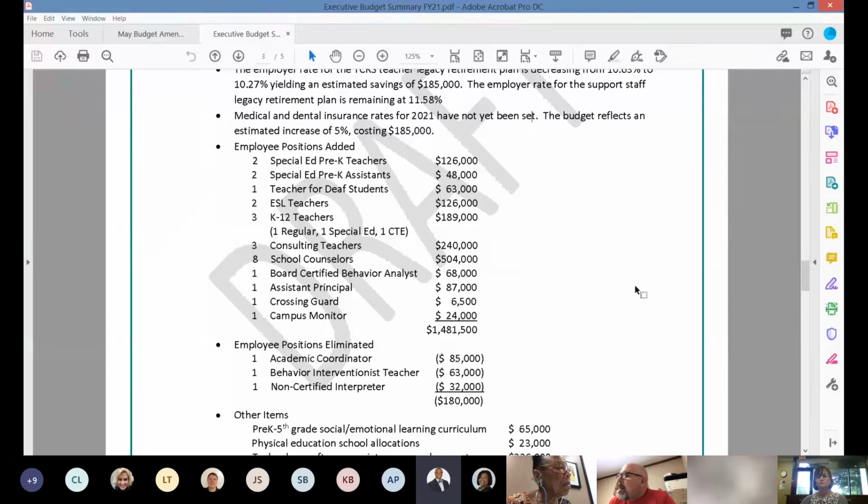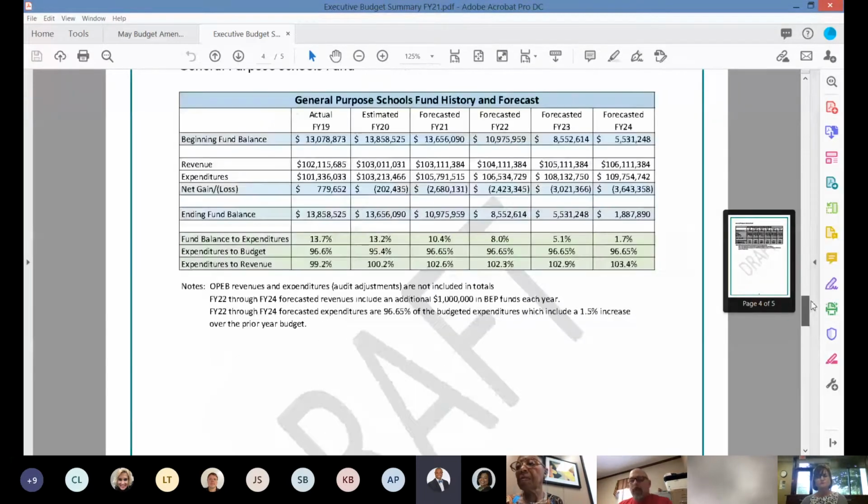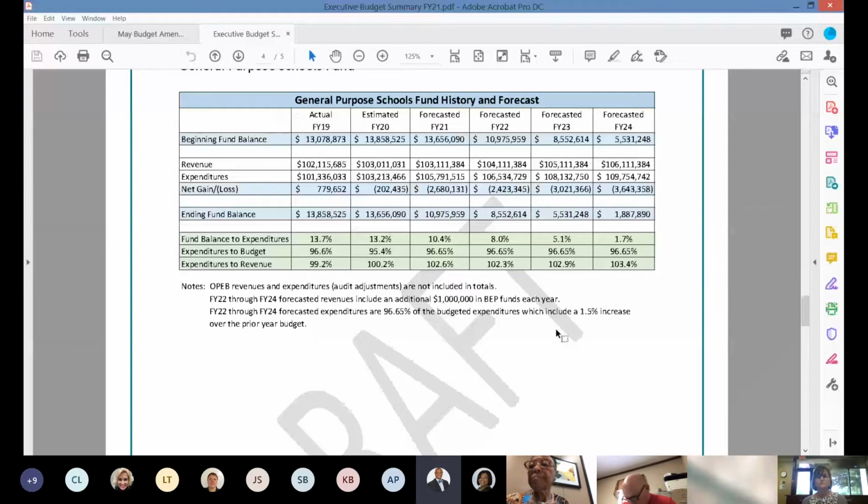Yeah, on the previous sheet, Holly had laid out through 24, I believe, where we would land based on her forecast, notwithstanding where we came in on the expenditure side, and it took us out to 24. So really through 23, we could sustain this, but at some point, some changes would have to be made, either from a revenue side or an expenditure side over the next couple of years.